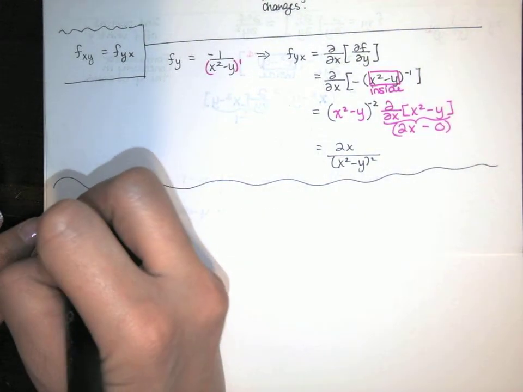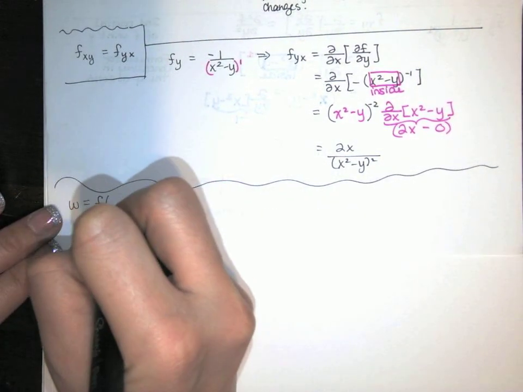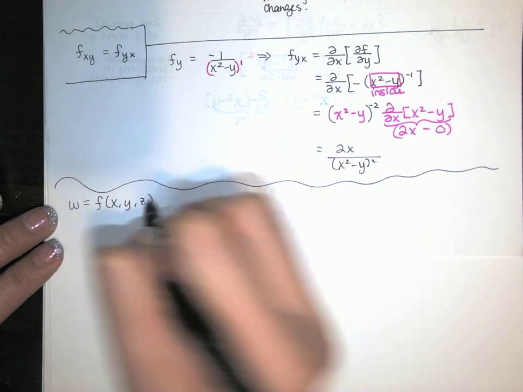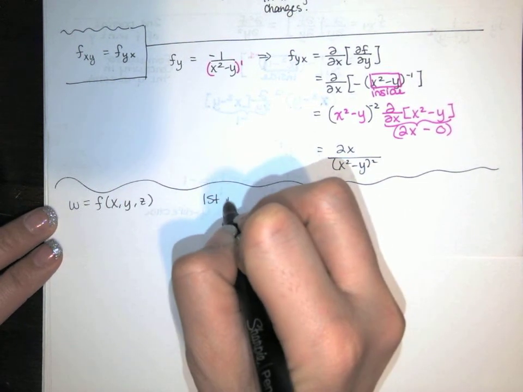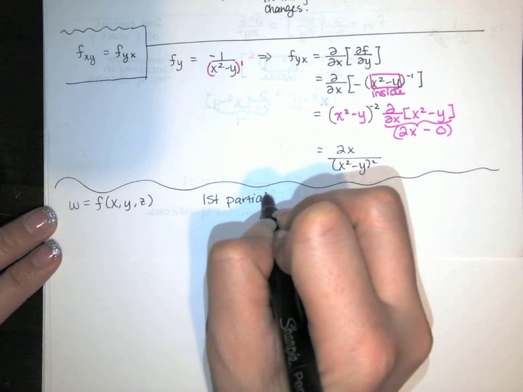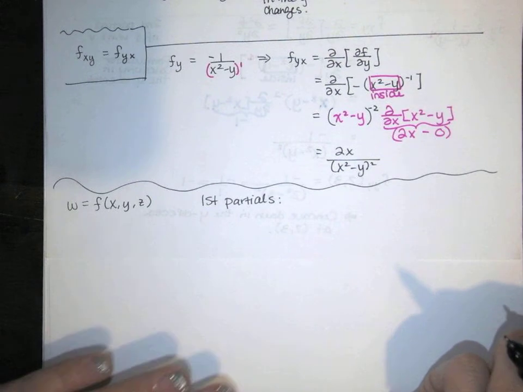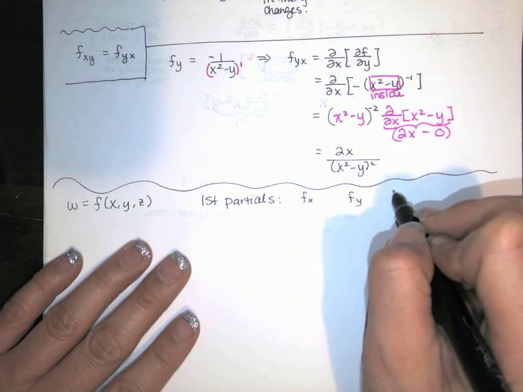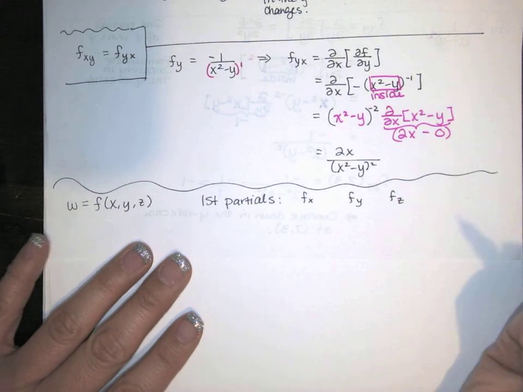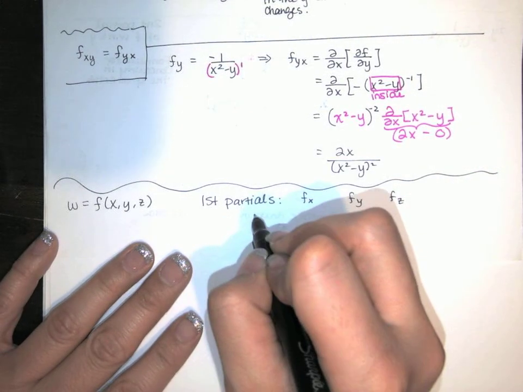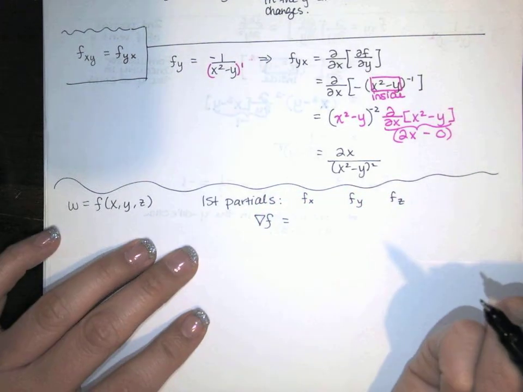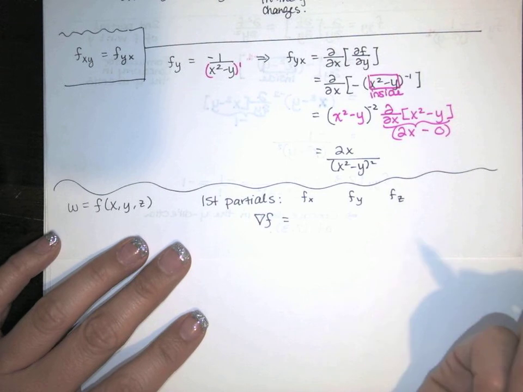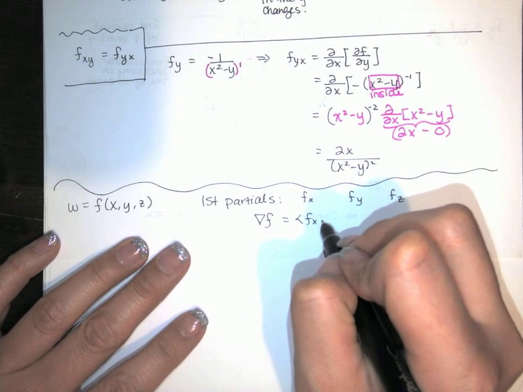So if I have w as a function of x, y, and z, it's got 3 first partials now. And when I say first partials, I mean first partial derivatives. But I've got a partial with respect to x, a partial with respect to y, and a partial with respect to z. And when I put them together, I end up with this multi-dimensional analog of the first derivative. It's the gradient vector.